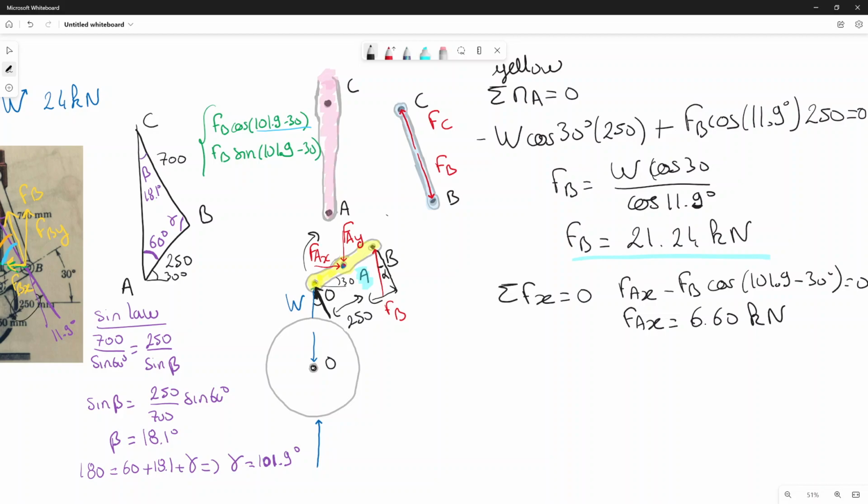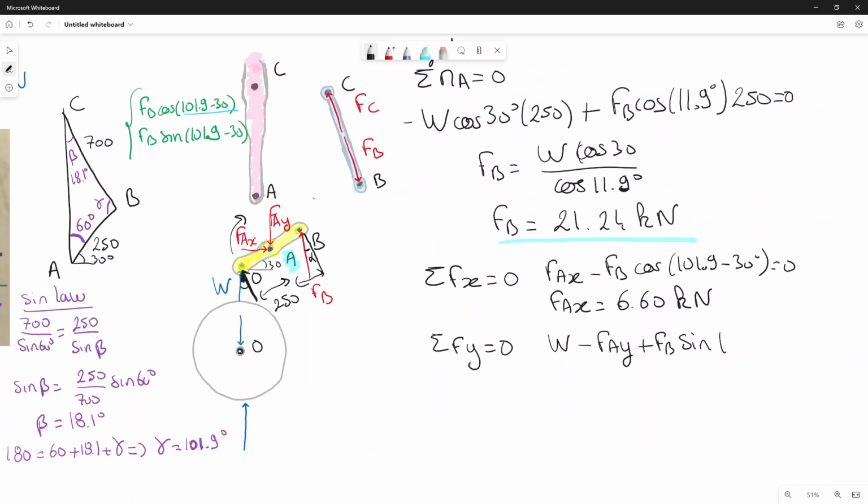And now if we do the sum of the forces on Y equals 0, we have W going up, W, minus FAY, and plus FB sine of 101.9 minus 30 degrees equals 0.